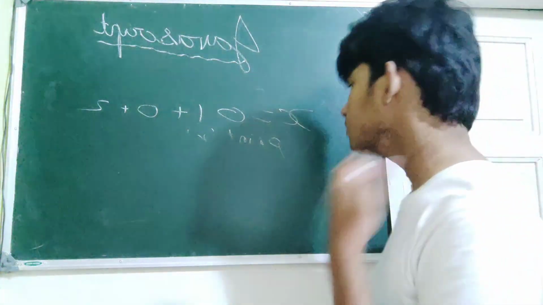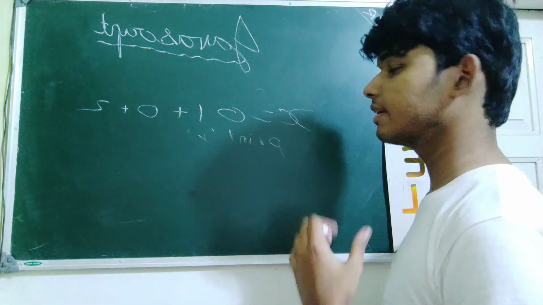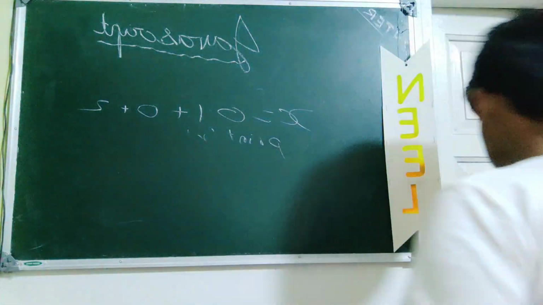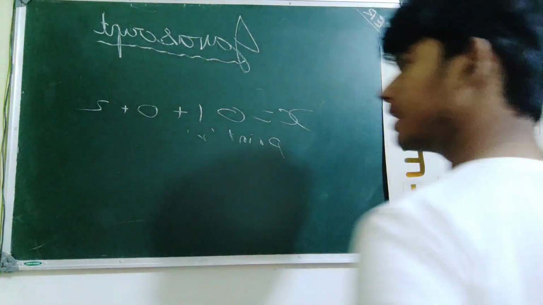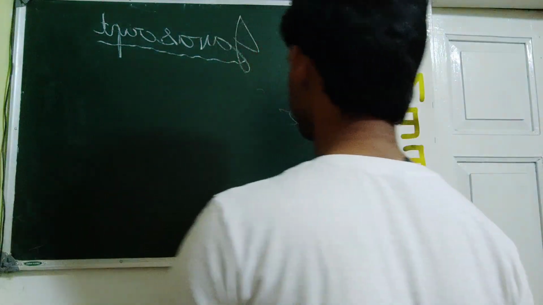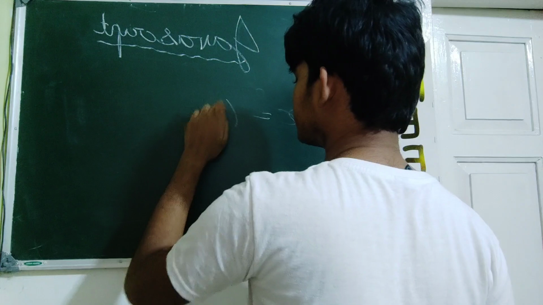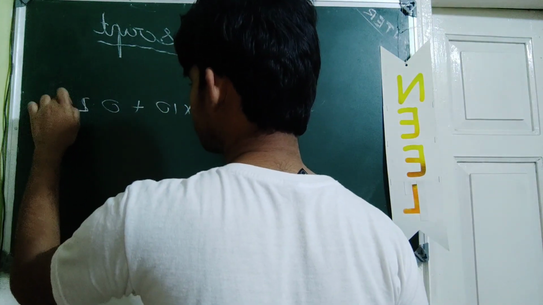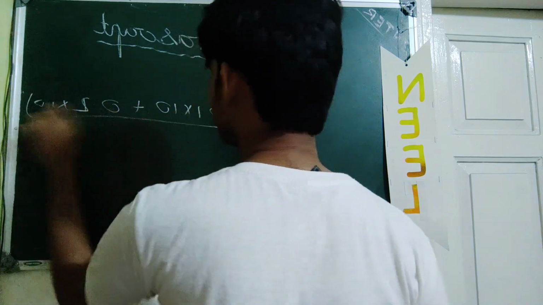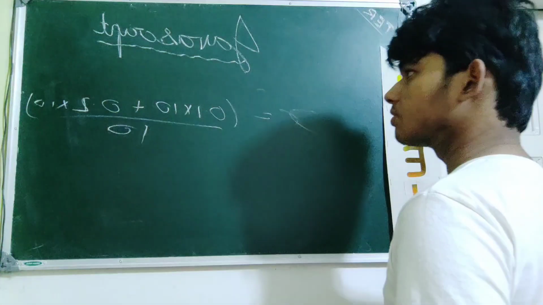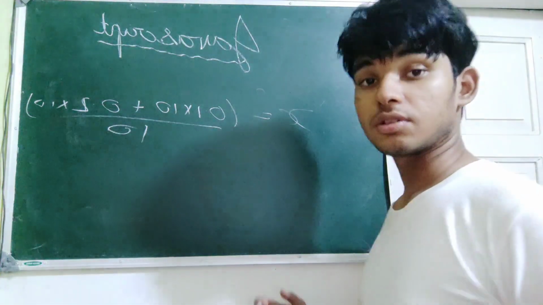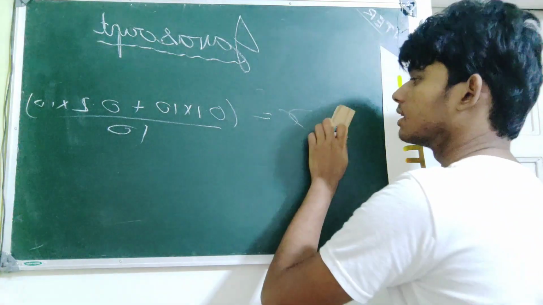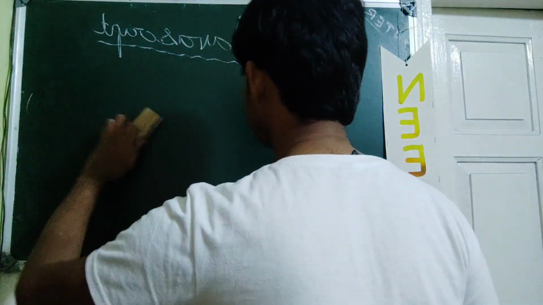So to avoid errors, we use the multiply and divide option. We write it as (0.1 times 10 plus 0.2 times 10) divided by 10. By doing this, it makes sure that the JavaScript code runs without errors. So this is also really important.